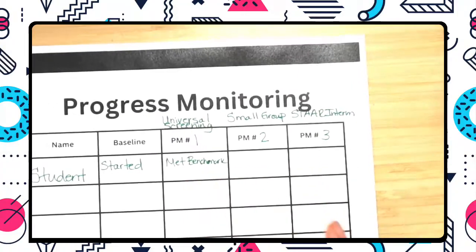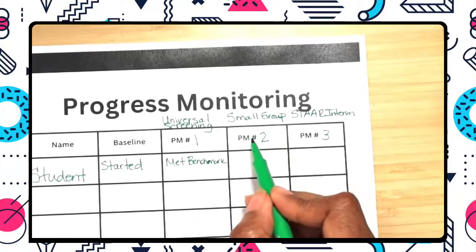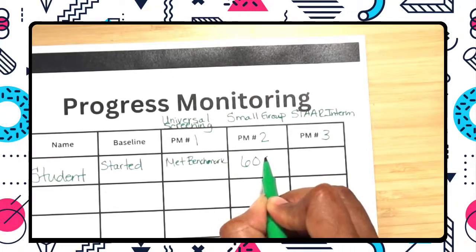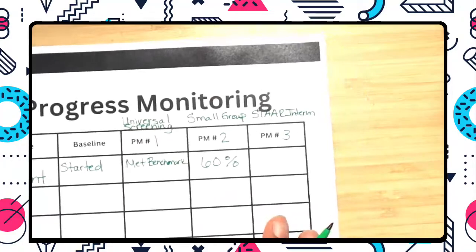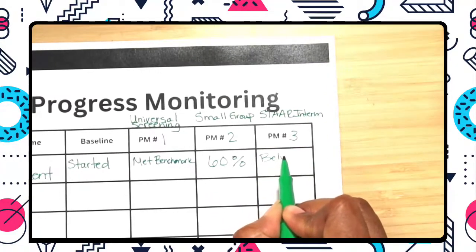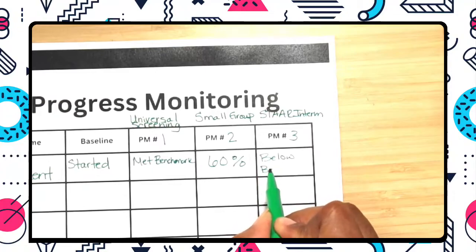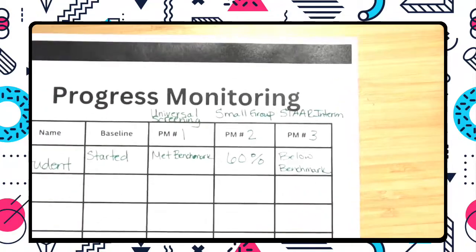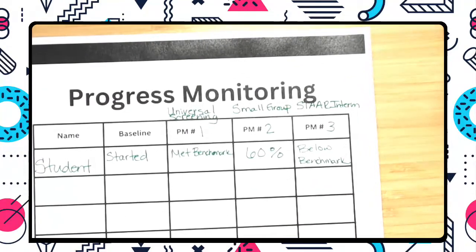I didn't put a score there. And then your small group, they made a 60%. And then on the interim, they were below. This is cause for concern.